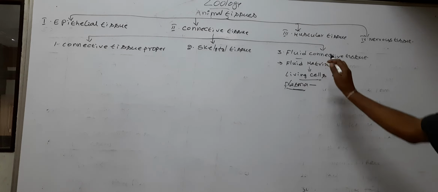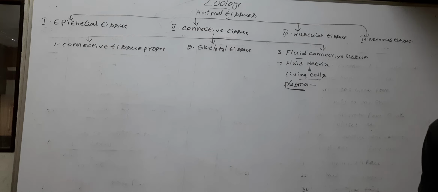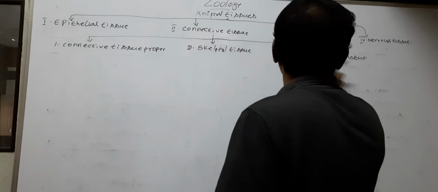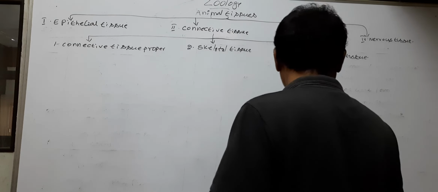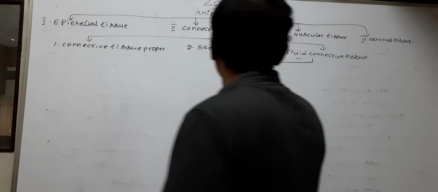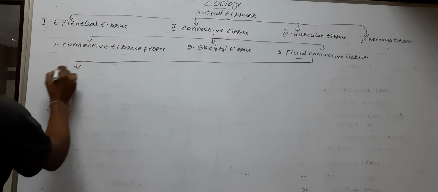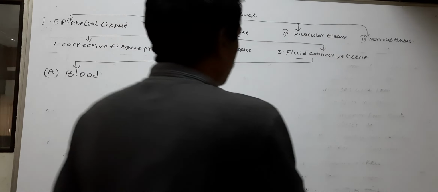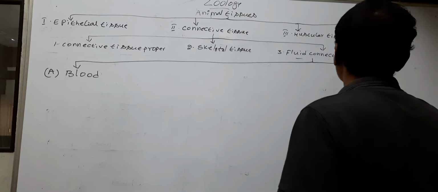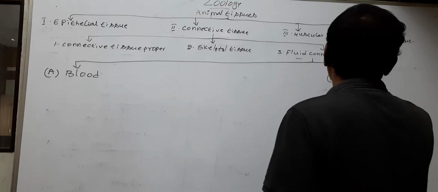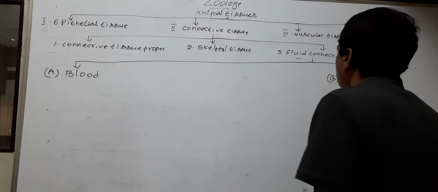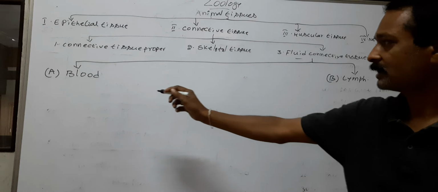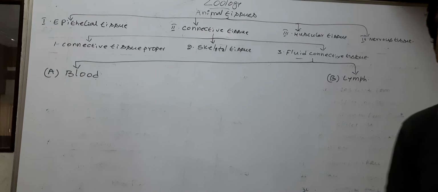Next, the fluid connective tissue divides into two types: blood and lymph.